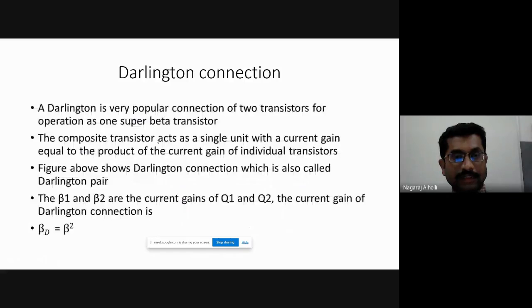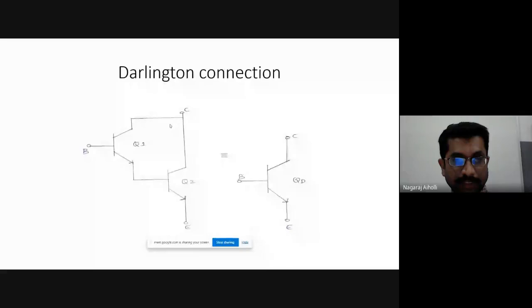Darlington is a very popular connection of two transistors operating as one super beta transistor. So two transistors are in composite, which means they are connected in this fashion. Emitter of one transistor is connected to base of the second transistor, and the collector of both the transistors are shorted and taken as one single terminal, the collector terminal.